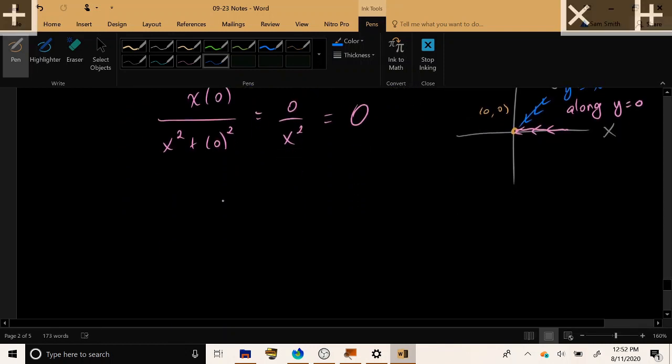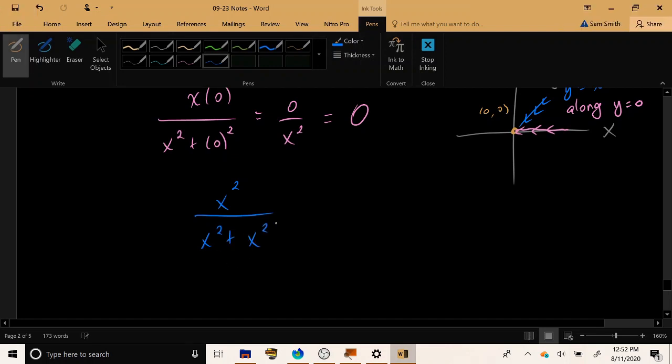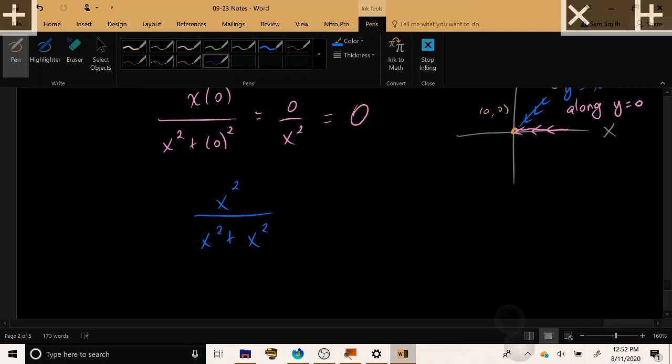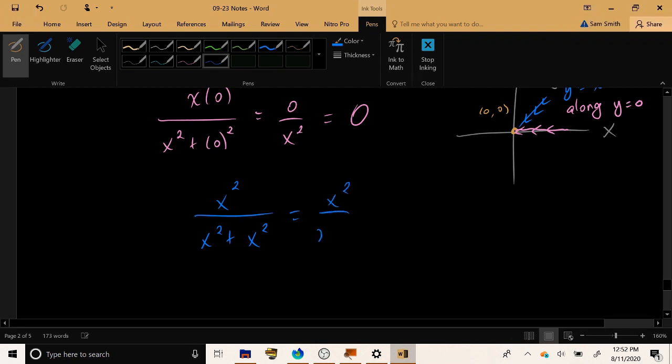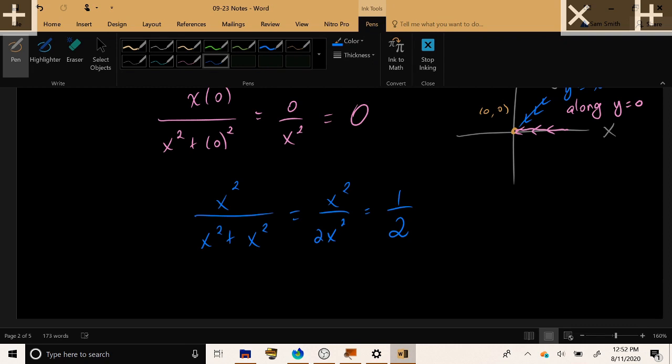So here I go, y is equal to x, so xy can become x squared, and x squared plus y squared can become x squared plus x squared. Now if I simplify that, then this tells me that along this entire path where x is equal to y, the function's value is equal to 1/2.